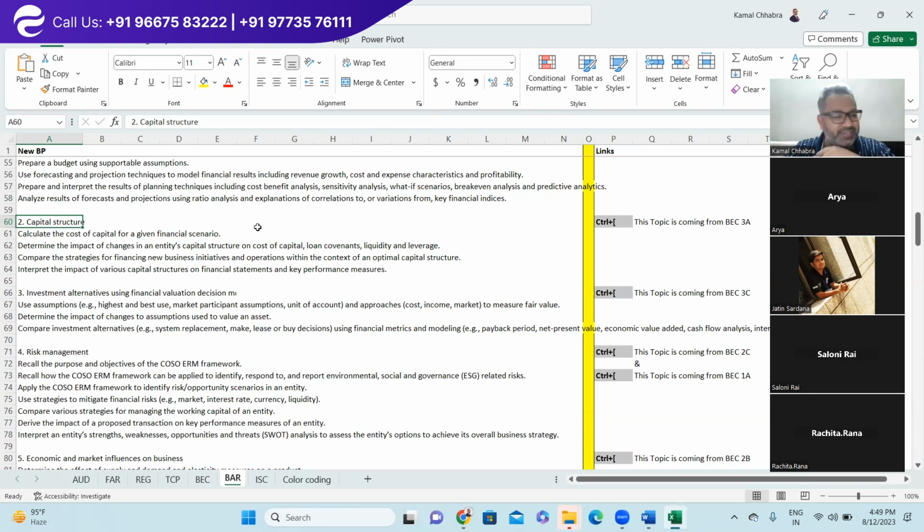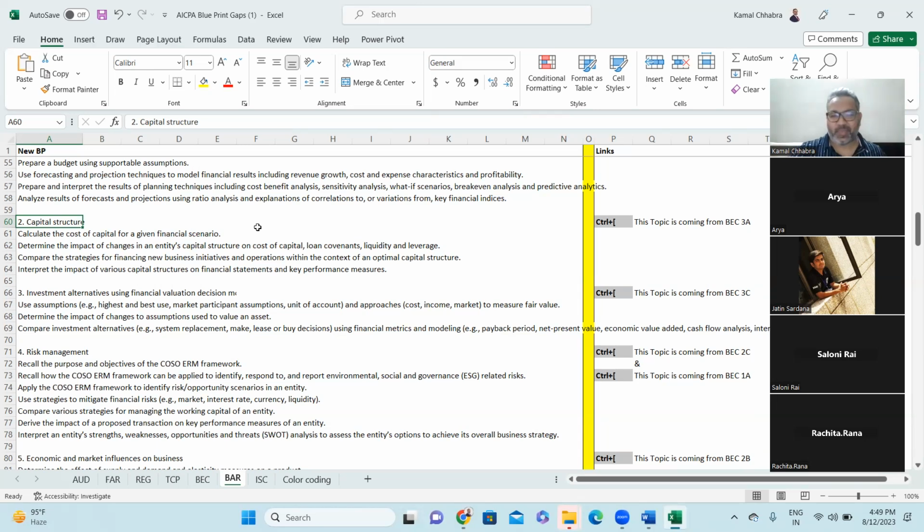Rachita, you are saying something? Yes, the same comment, that they are given preference over equity shareholders. Do they have a fixed dividend or not? No, I don't think so.